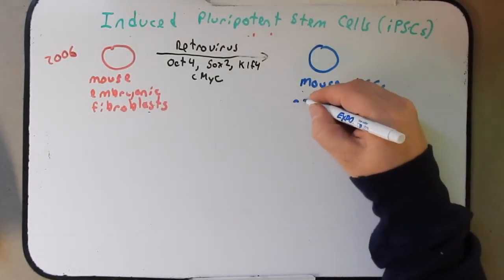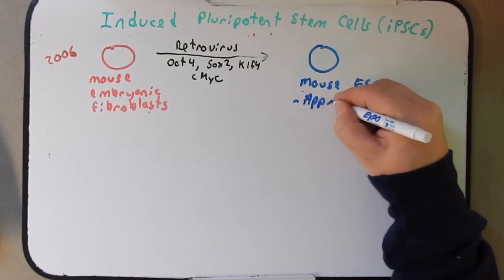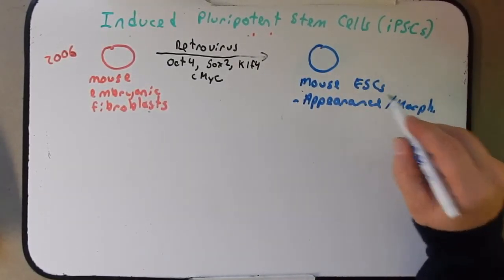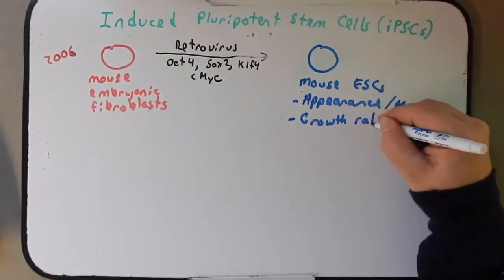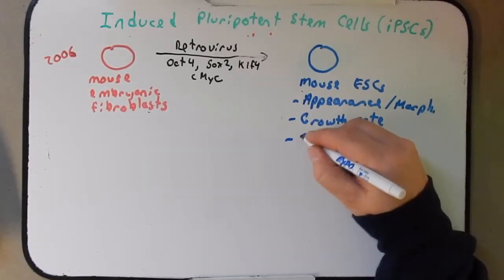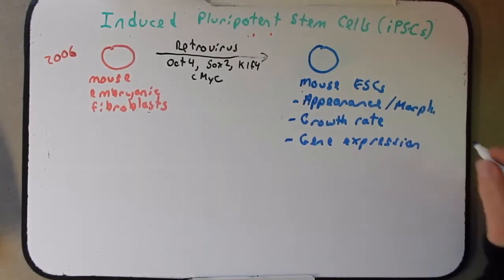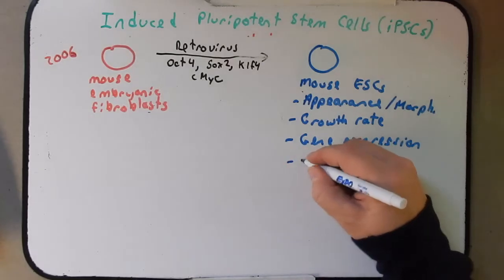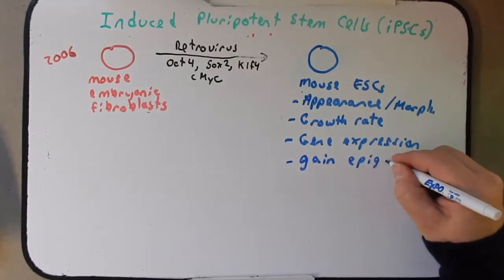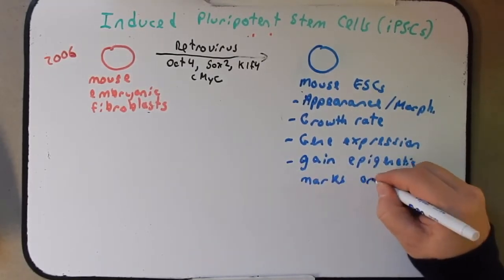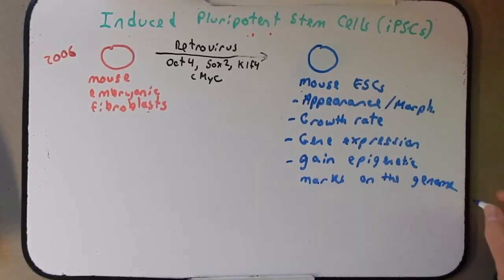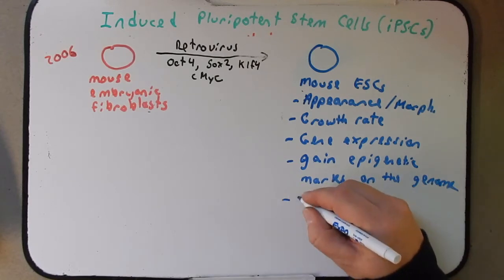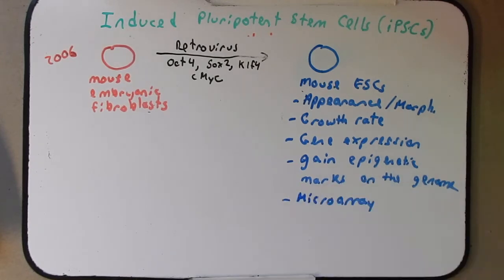They looked like them, so they had an appearance, or we could say morphology, that was similar to the embryonic stem cells. Growth rate, similar to embryonic stem cells. Gene expression, similar to embryonic stem cells, and different than the original fibroblasts. And it gained epigenetic marks on the genome that were consistent with an embryonic stem cell or embryonic pluripotent cell. They did a microarray experiment.